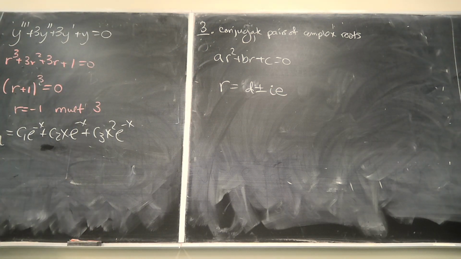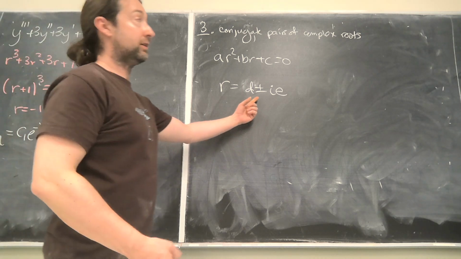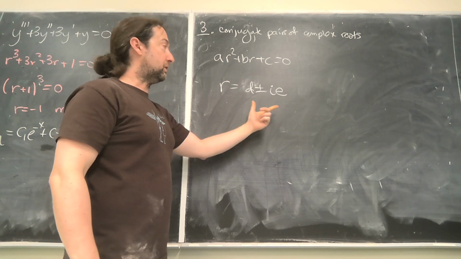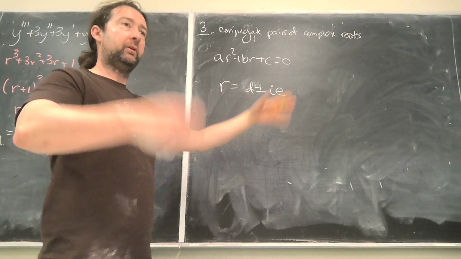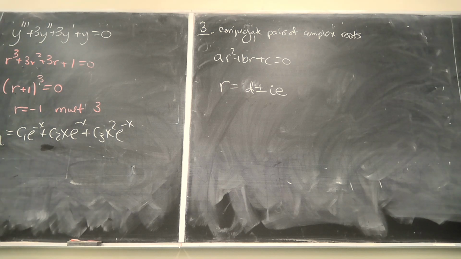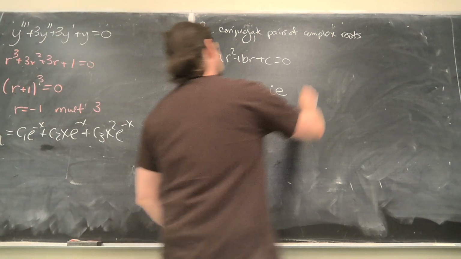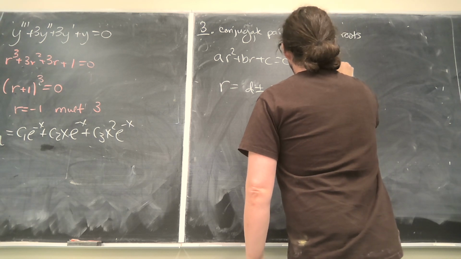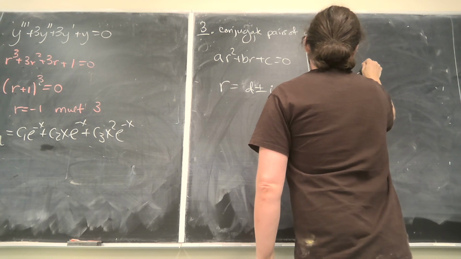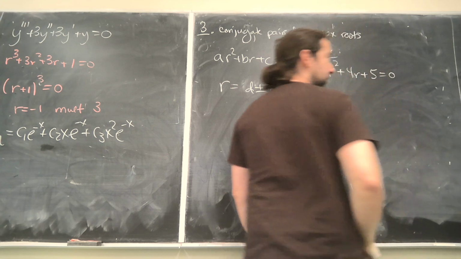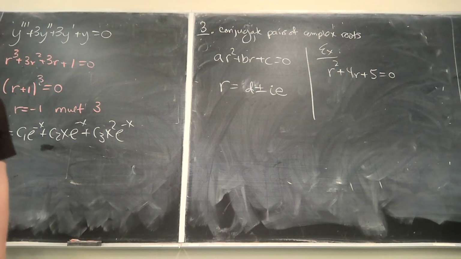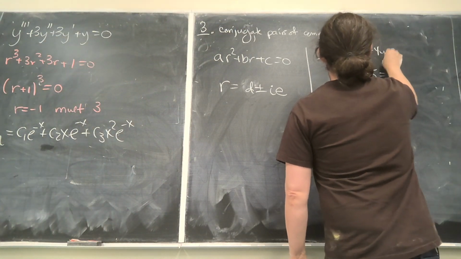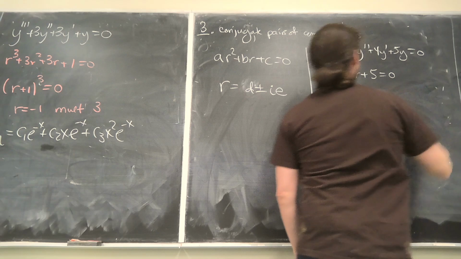The reason that complex roots come in a plus or minus variety like this is because we're always assuming that a, b, and c are real numbers. And so the roots have to come in conjugate pairs, or they'd be complex numbers when you multiply it all back out again. So for example, if I gave you r squared plus 4r plus 5 is equal to 0, the differential equation is y double prime plus 4y prime plus 5y is equal to 0.